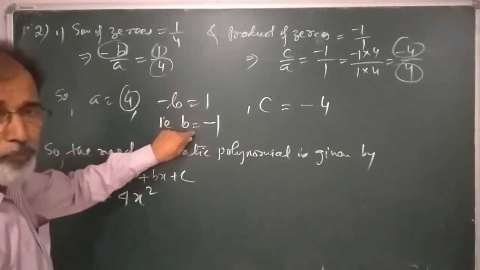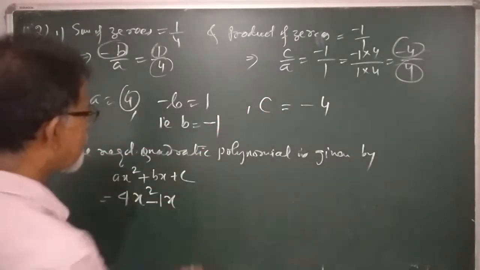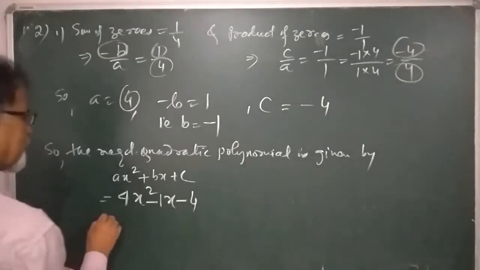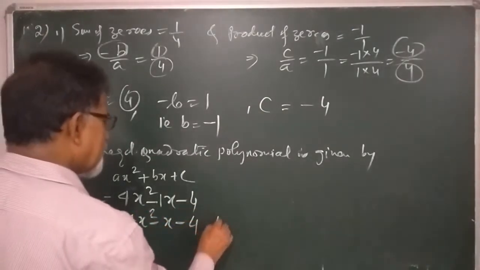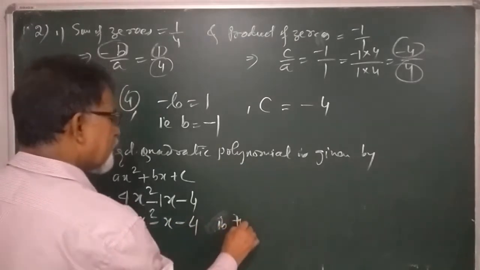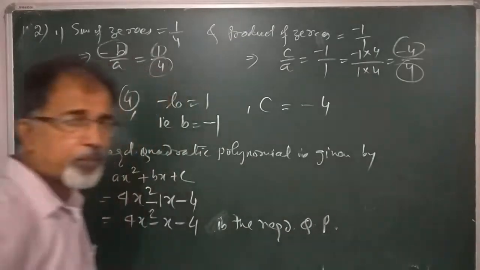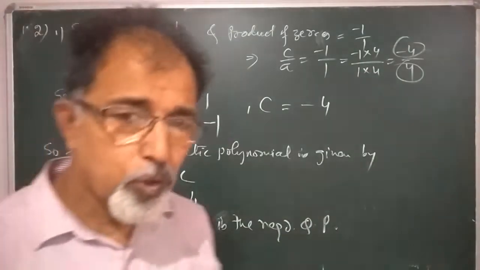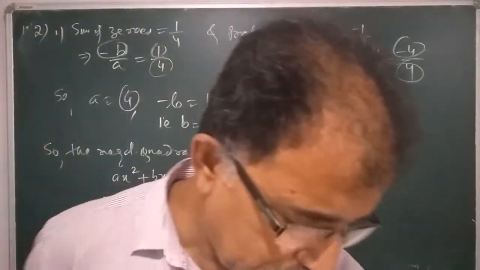What is the value of B? Minus 1. So minus 1x. What is the value of C? Minus 4. That is 4x square minus x minus 4 is the required quadratic polynomial. Here I am going to take one another example which is not given in this book.